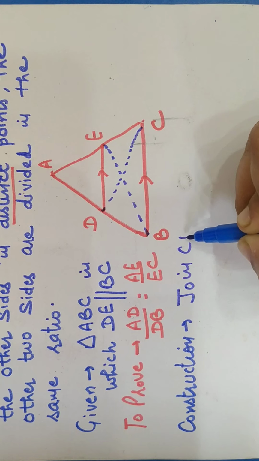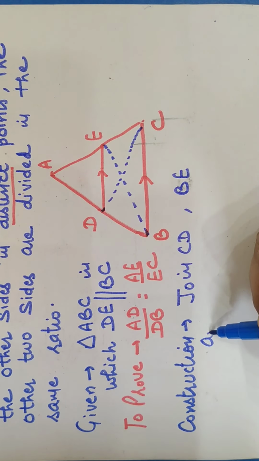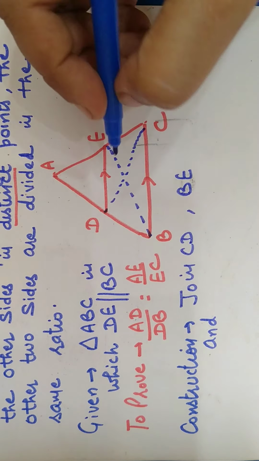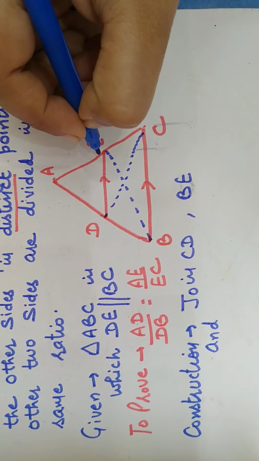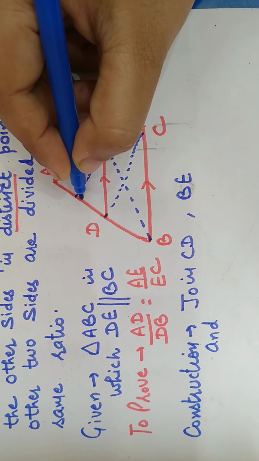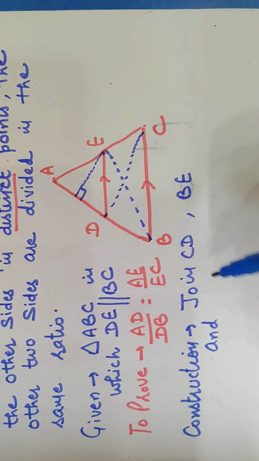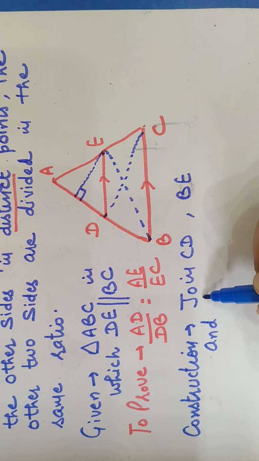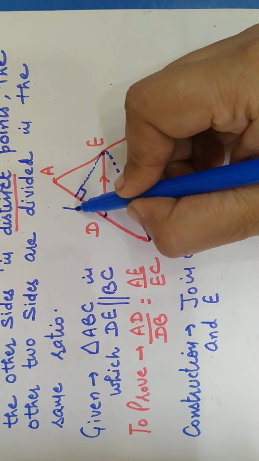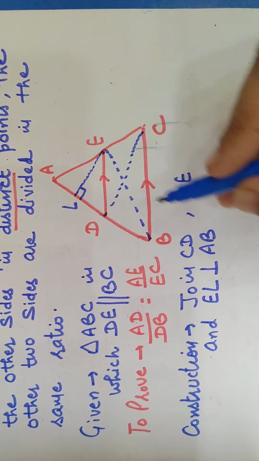Join CD, BE, and from E vertex draw a perpendicular on line AB. Now from E vertex I have drawn a line EL which is perpendicular on AB. This is the sign of perpendicular, meaning 90 degrees.